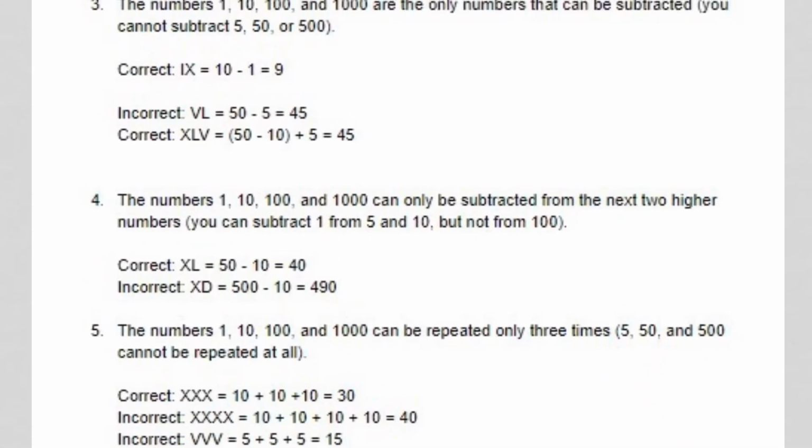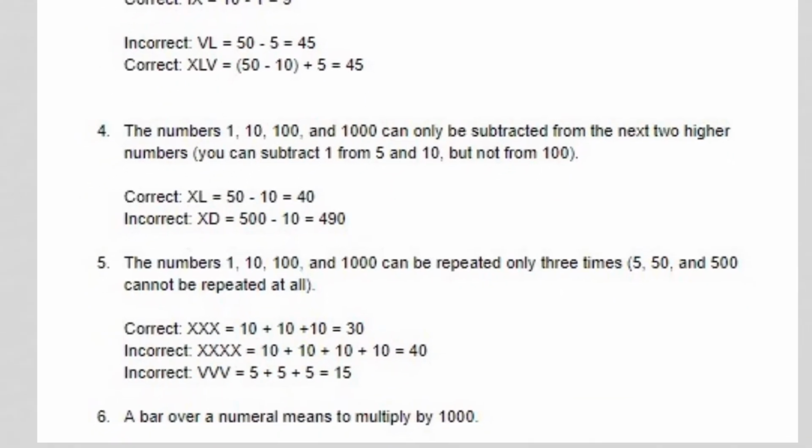So the next rule talks about the same numbers, 1, 10, 100, and 1,000. Yes, you can subtract them, but you can only subtract them from the next two higher numbers. So you can subtract 1 from 5 and 10. Those are the next two higher numbers, but you cannot subtract 1 from 100 to try to get 99, for example.